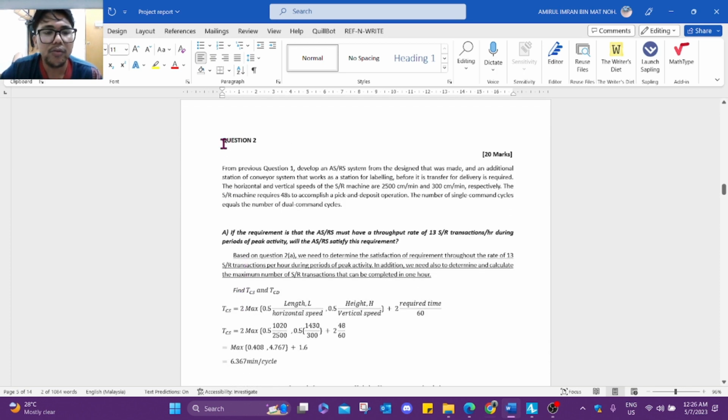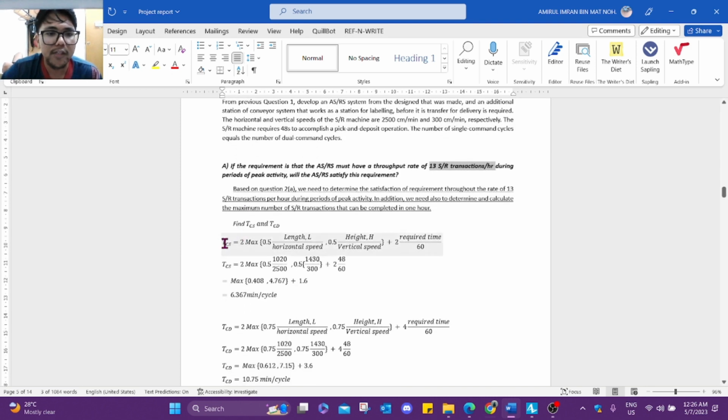In question number 2, we have questions A, B and C. For question A, we need to create an ASRS system that can handle a rate of 13 SR transactions per hour during our peak activity, for the process between CNC1 transferring to CNC2.